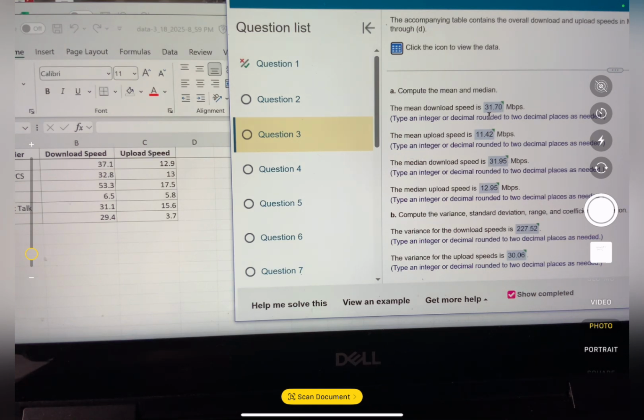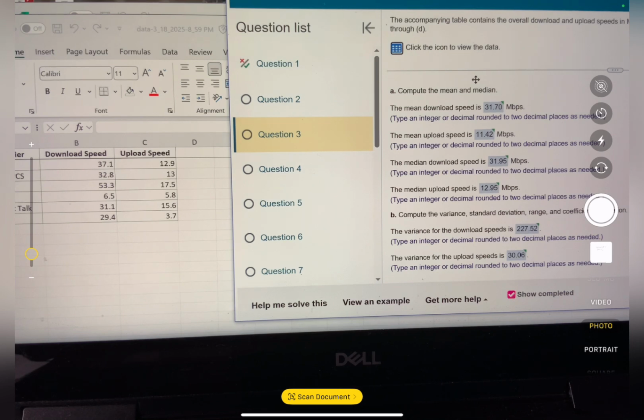So when the data is balanced, then mean and median have to have the same value, okay? But if mean happens to be less than median, in this case median 31.95, and for download mean is 31.7, is less, that means it is skewed to the left, right?